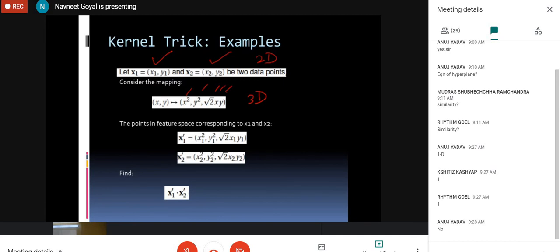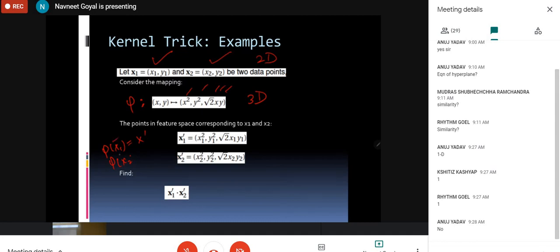So what is x1 dash? It is a transformation which takes my x1 and maps it to this. And what is phi x2?